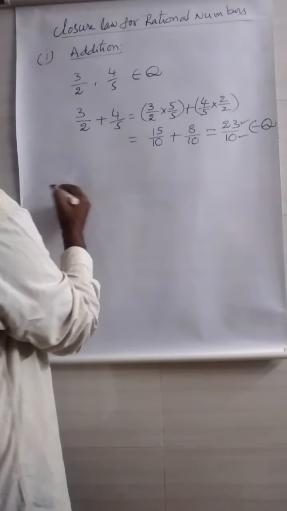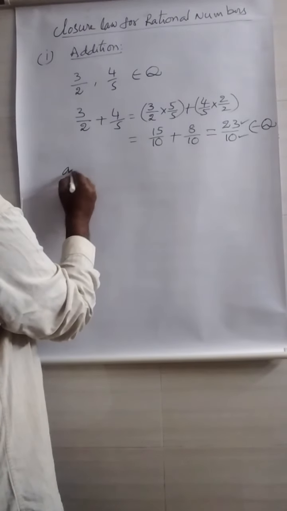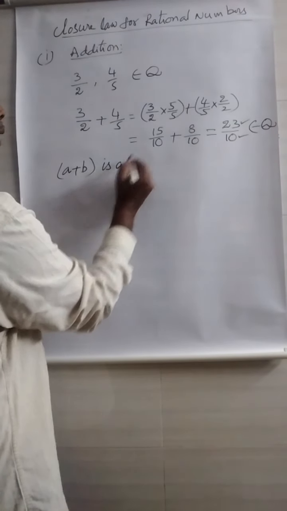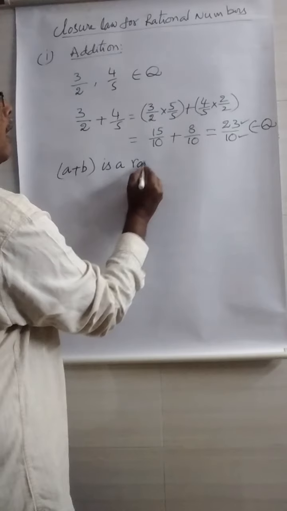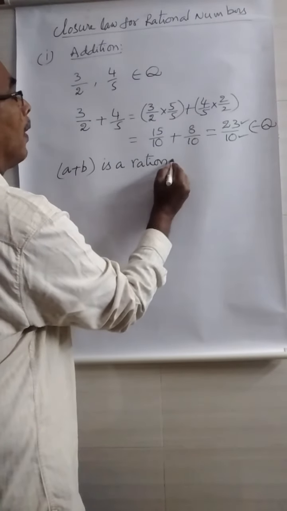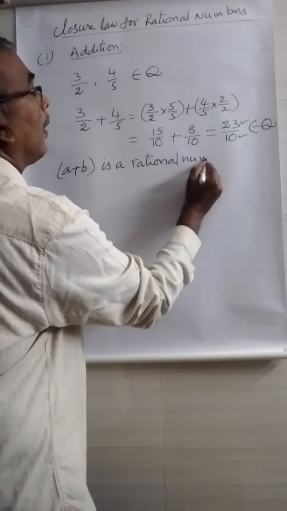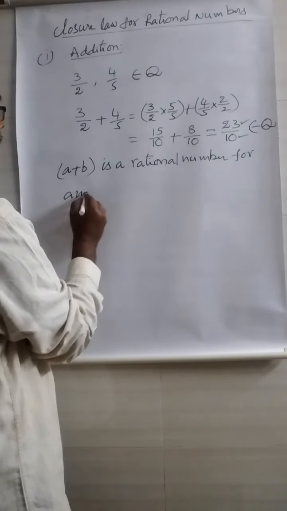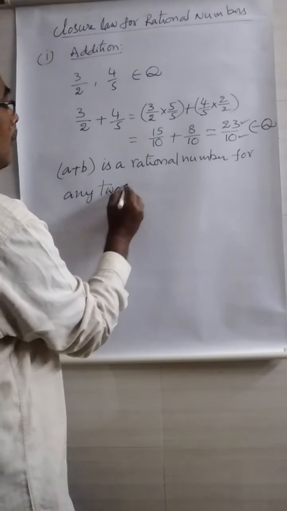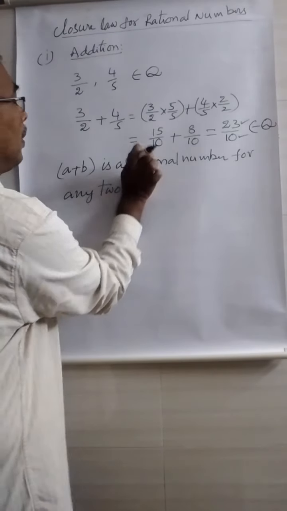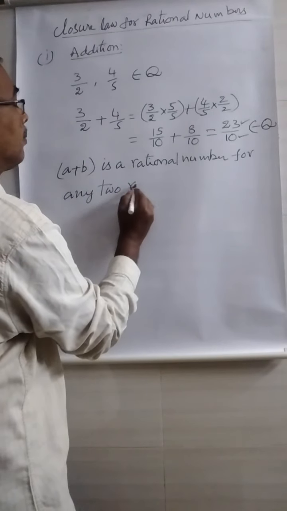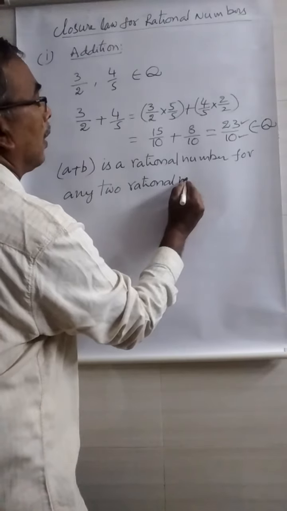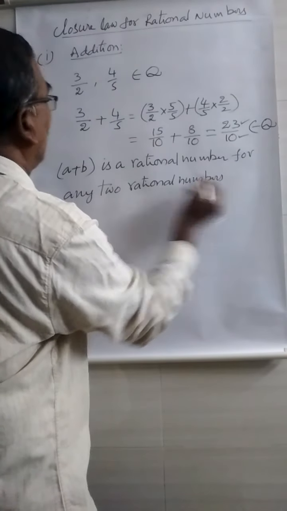That means here we can define: a plus b is a rational number for any two rational numbers a, b.